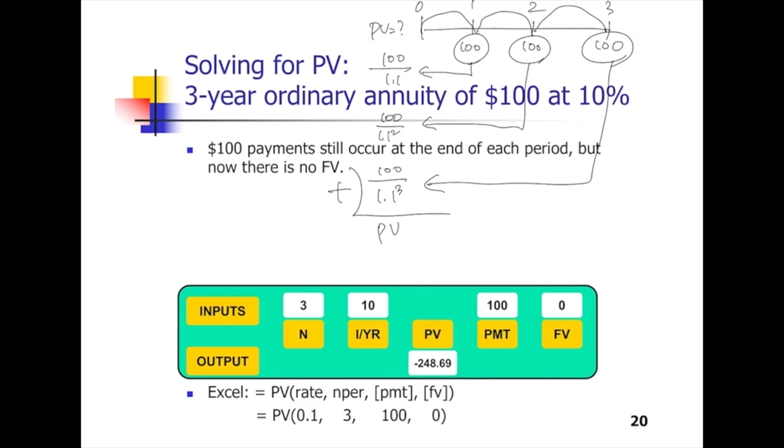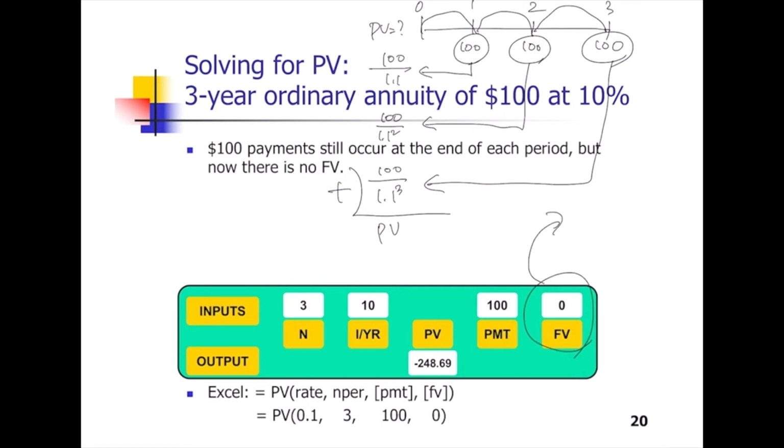If you have a financial calculator, you can also use 4 keystrokes. The N is 3, right? And interest per year is 10%, so input 10. And payment is 100. And FV is what? In this case, 0. There is no FV. What does it mean?